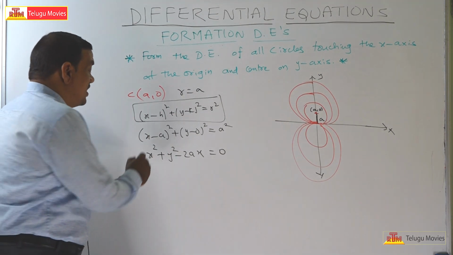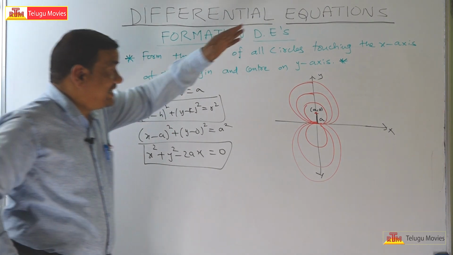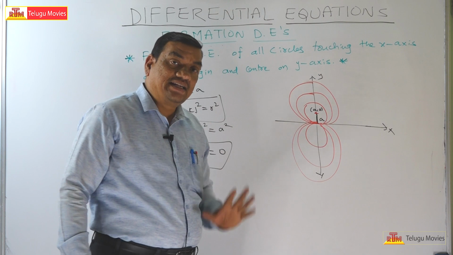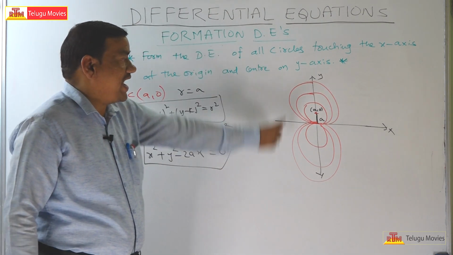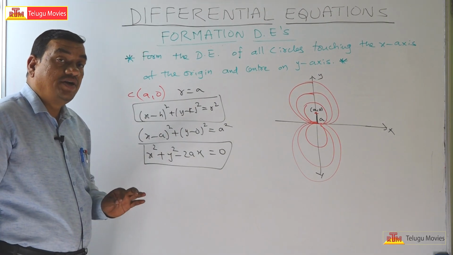So this is the equation of the family of circles which touches the x-axis and whose center lies on the y-axis. Understand this? Here a is an arbitrary constant.